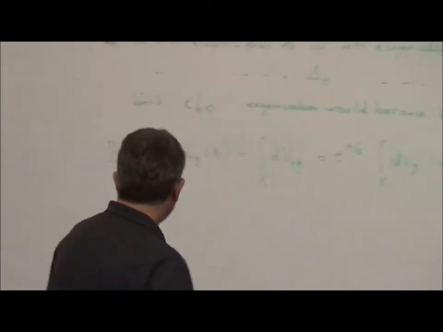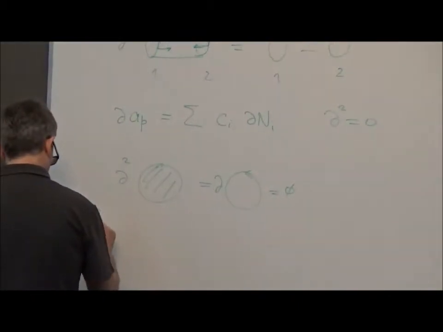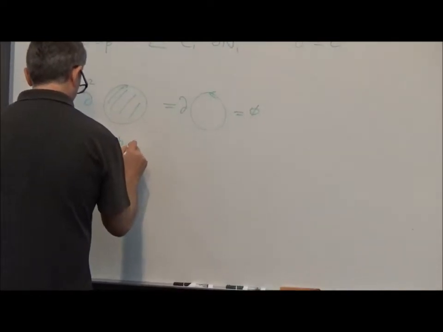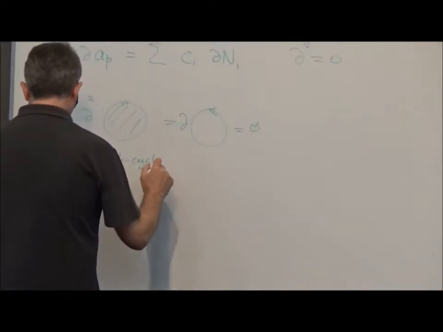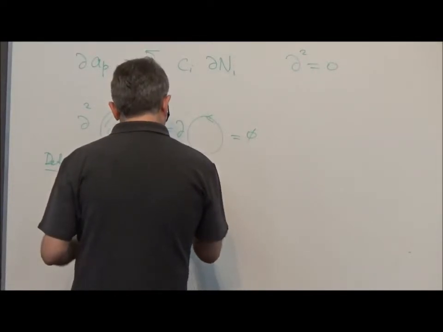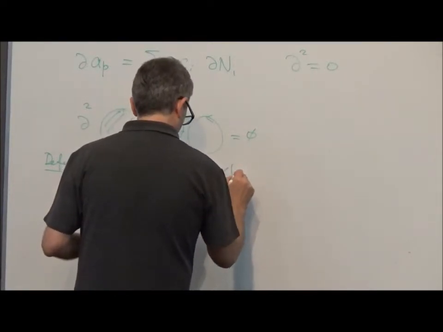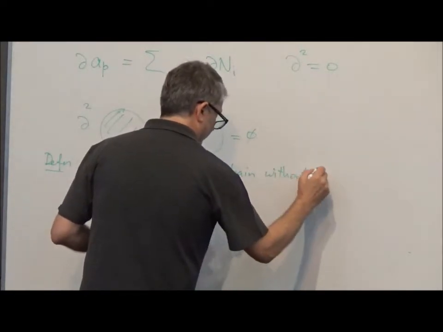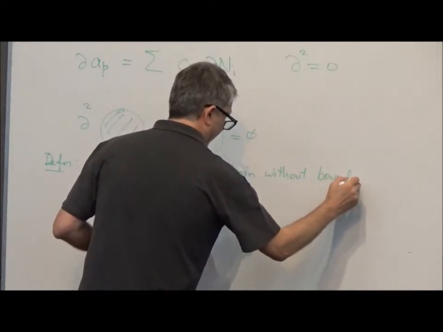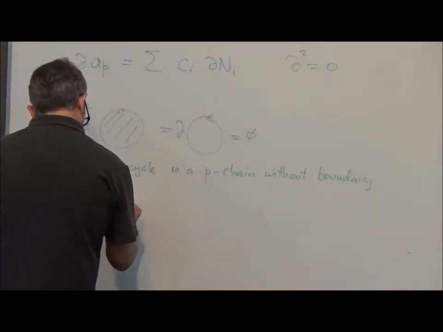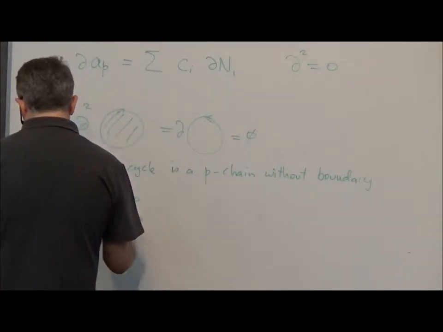All right. So here's another definition. A p-cycle is a p-chain without boundary. So in particular, dA_P is null.